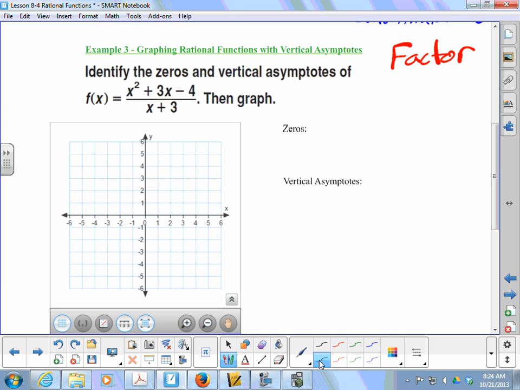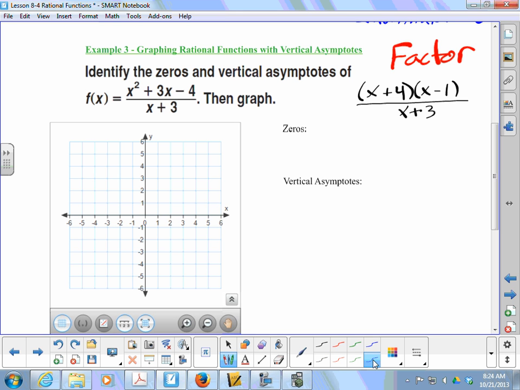So we have in the numerator x plus 4, x minus 1, and then over x plus 3. Okay. The reason we want to factor is because when I factor it, I can tell what the zeros are right away. Right? So Jessica, what are our zeros then?